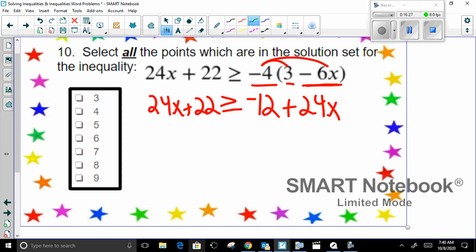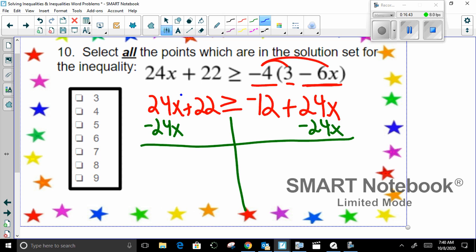I don't have like terms on the left, and I don't have like terms on the right, so I'm okay. Do I have variables on both sides? I do. Bring smaller to larger. Well, guess what? They're the same. If I just bring this one over to this side by doing the opposite, what happens? It cancels to 0, and I'm left with 22. That cancels to 0, and I'm left with negative 12.